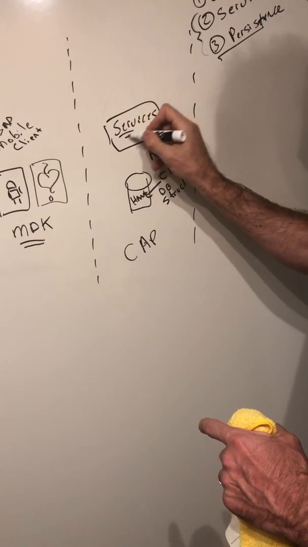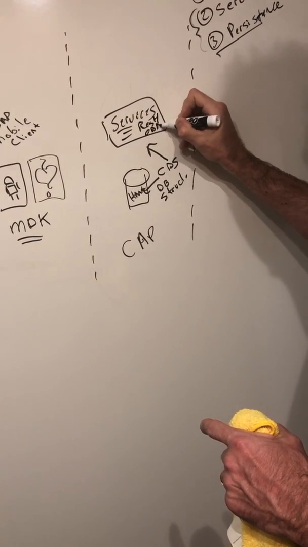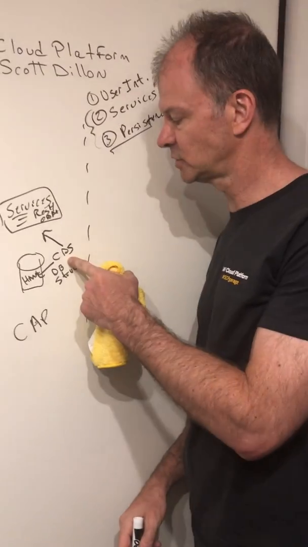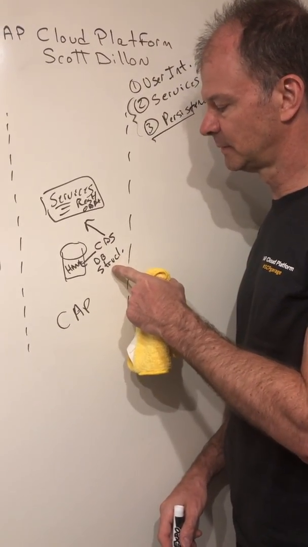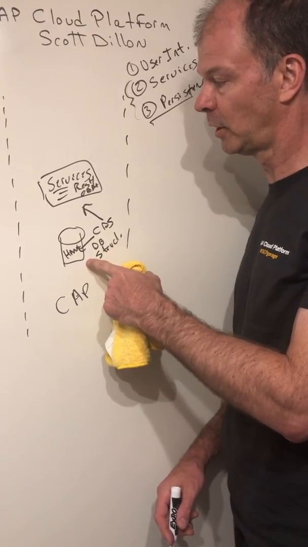So you can have a service layer using REST and OData that's generated using core data services and the notation. You can also use it to define your database structures, which get automatically created and deployed to HANA.